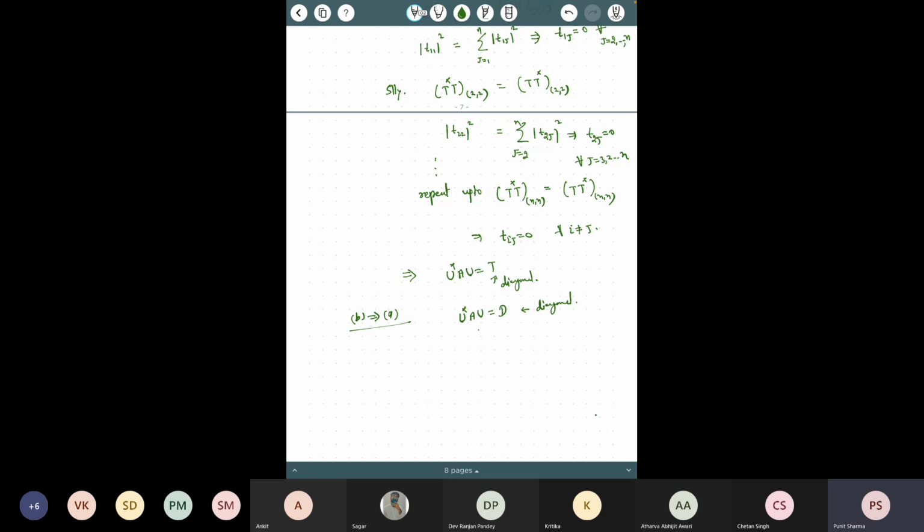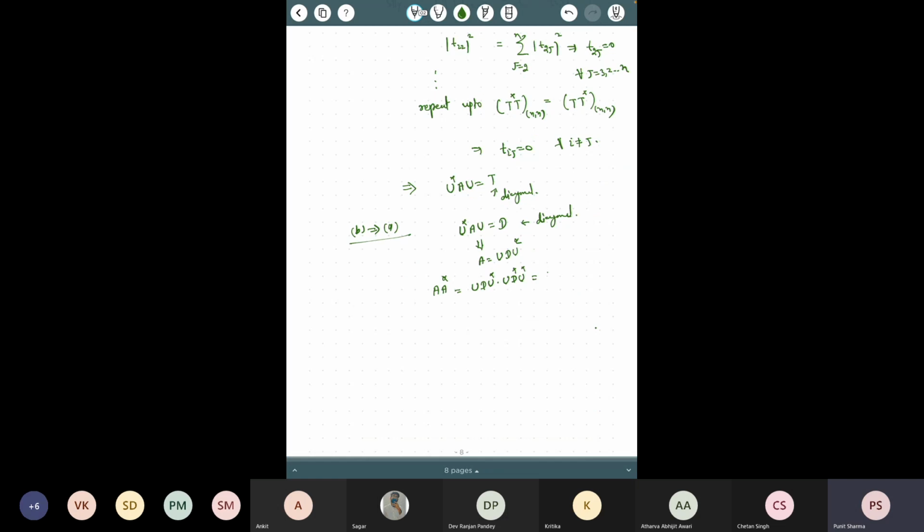Or you can just write, since A is unitarily diagonalizable, this implies that A is U D U star. So now you can simply verify what A star is. A star is U D U star star, which is again U D star U star. Then A star A would be U D D star U star.